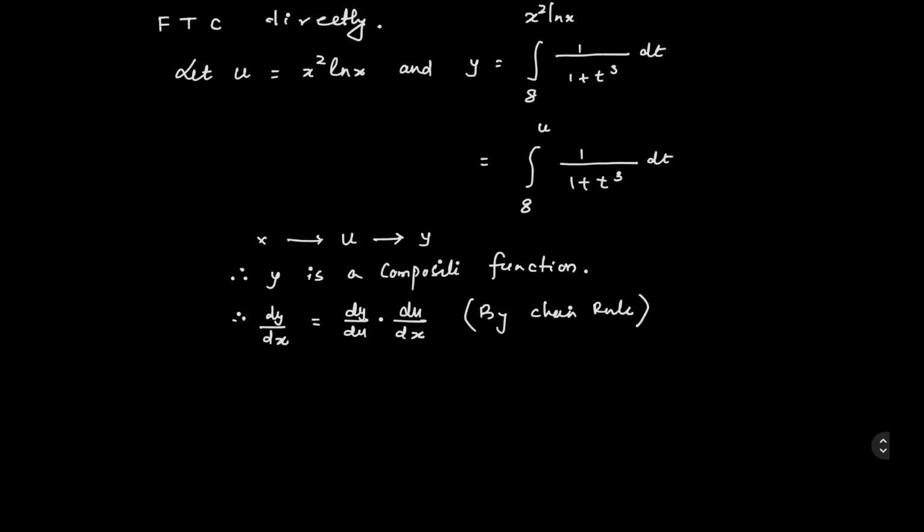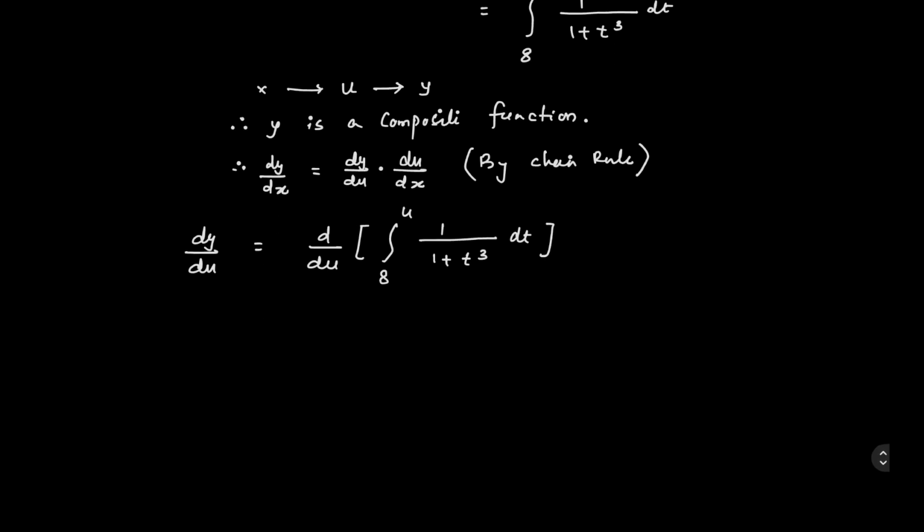So now let's find dy/du. So dy/du equals d/du of the integral from 8 to u of 1 over 1 plus t cubed dt. Now here, let a equal 8 and f of t equal 1 over 1 plus t cubed.